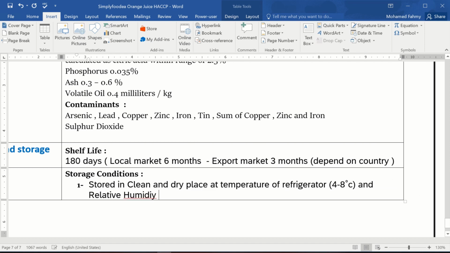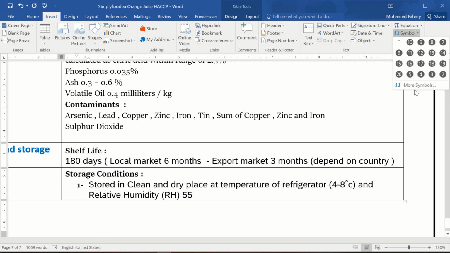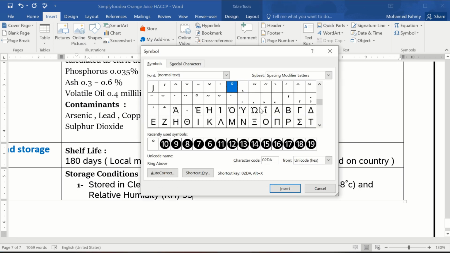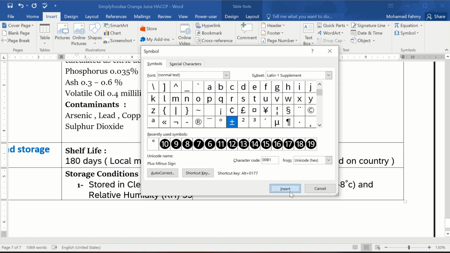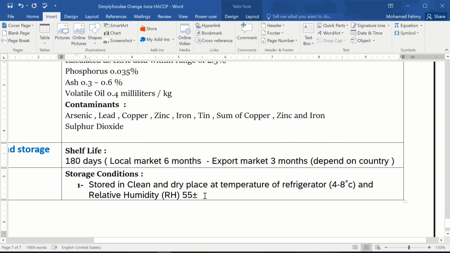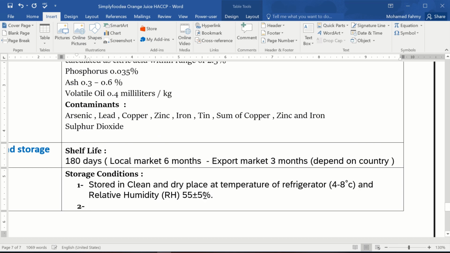Humidity, or RH, is mainly given as a percent. For example 55, with a plus or minus: 55 plus or minus 5%. So these are the standards of the relative humidity and temperature.